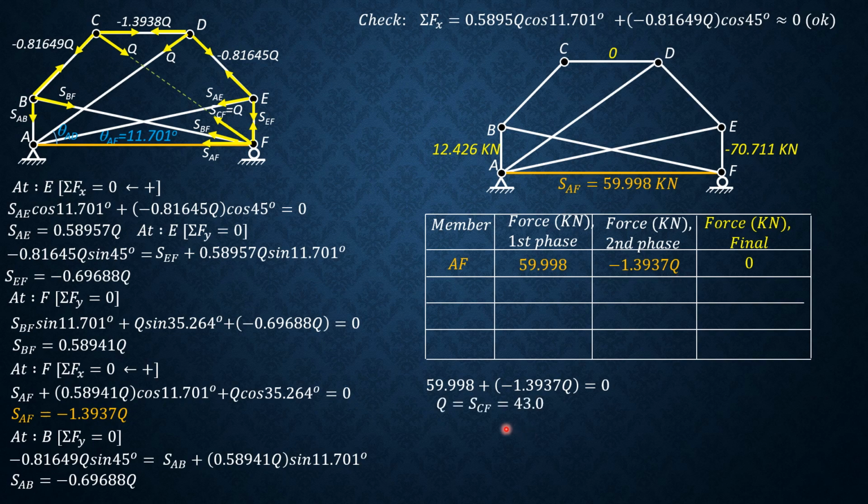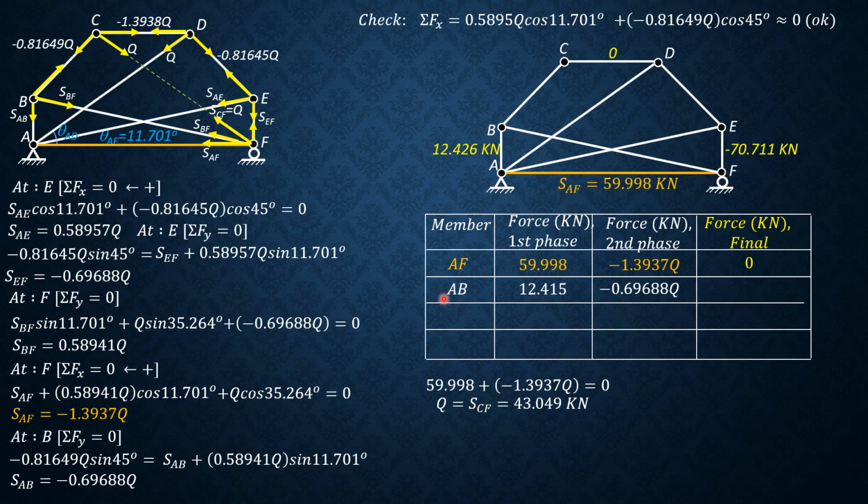So from here, we can solve Q, which is the force in CF, which is 43.049 kilonewtons. Then for member AB, the first phase is 12.426. The second phase is negative 0.69688 of Q. Then this is the final force.